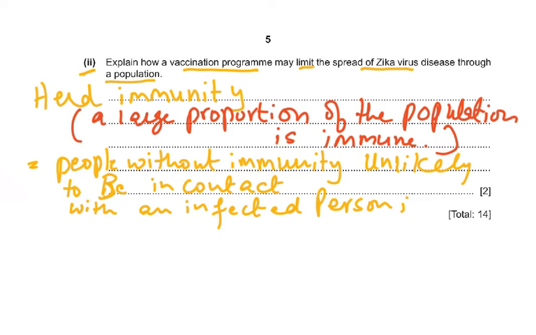If you've only vaccinated 50%, then 45% are immune, because the vaccination doesn't work on everybody. So herd immunity is a large proportion of the population being immune. So they've been vaccinated. People without immunity are unlikely to be in contact with an infected person. So if 10% of the people have not been vaccinated, then they have less chance of meeting a person who is an infected case.